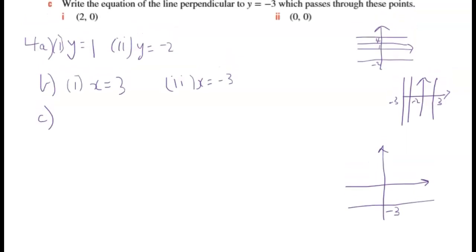And oops, got to see what the actual question is. 2, 0. So it's passing through 2, 0. Now, because this is a horizontal line, the perpendicular line is going to be a vertical line, and it's going to be passing through whatever that x coordinate is. So there it is, there at x equals 2.